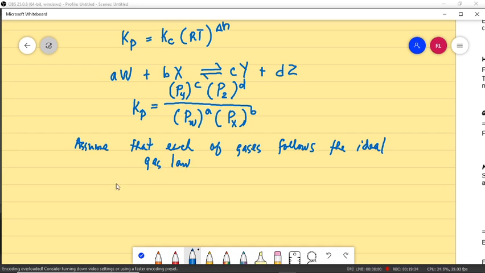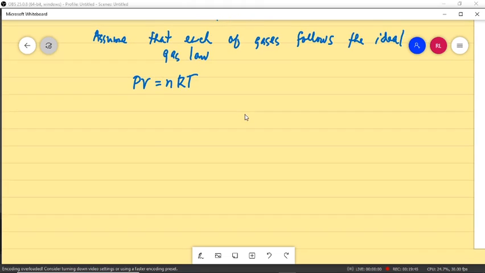What is the equation for ideal gas law? You have PV is equal to nRT. I need more space.